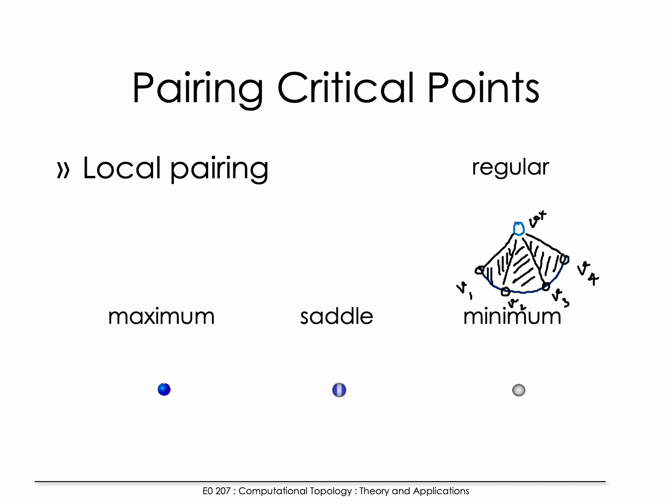Now let's see what happens to the other cases. Let's start with a minimum, because it's simple again. So in the case of the minimum, we know that its lower link is empty. So the only thing that you have to insert is V, and it is positive.